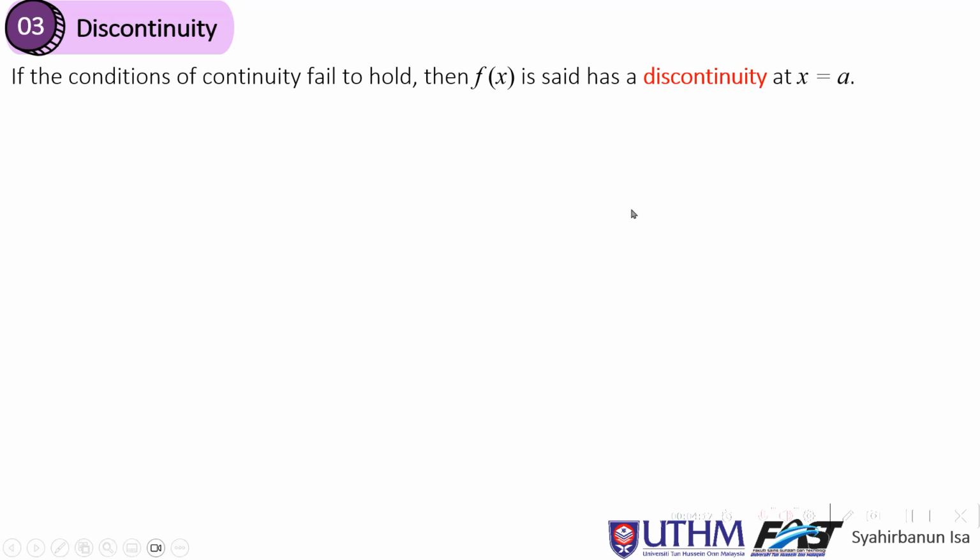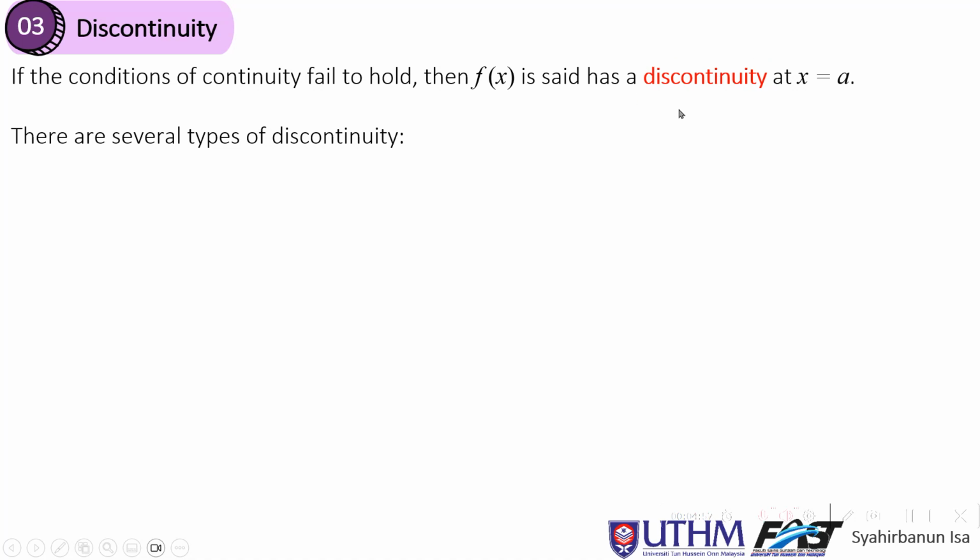We already know when a function is continuous. Sometimes we also need to check when the function has a discontinuity. If the conditions of continuity fail to hold, then f(x) is said to have a discontinuity at x equal a.